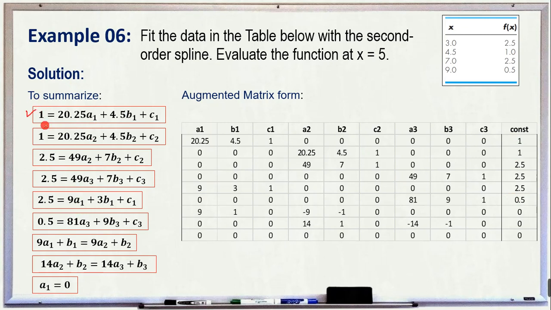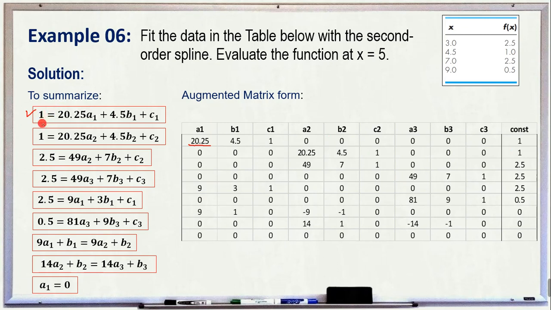For our first equation, as you can see, the coefficient for A1 is 20.25. It was also reflected in this table. Then for B1 is 4.5, then for C1 is equal to 1. The rest from A2 to C3 are 0 because we don't have A2, B2, C2, A3, B3, and C3 for our first equation. And for the constant, we have 1.